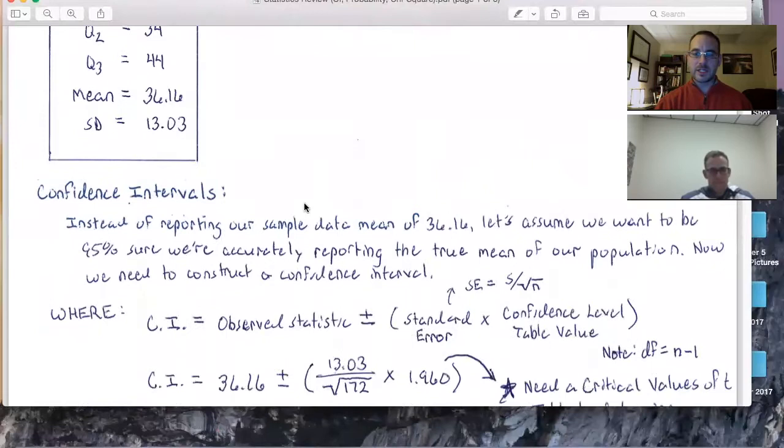But essentially, the 10,000 foot view of confidence intervals. Sometimes in statistics, when we report a mean, for example, somebody takes the ACT or the SAT, we would report that they scored a 24, and we know the max is 36.